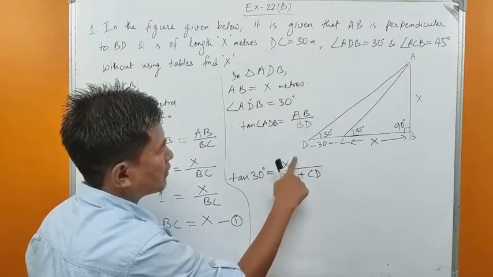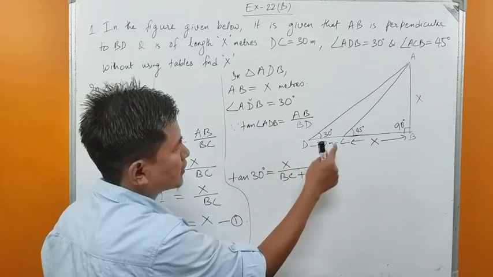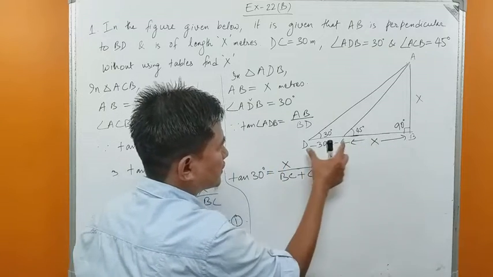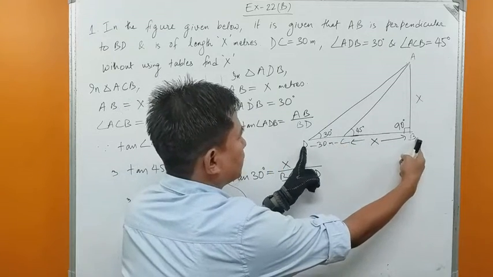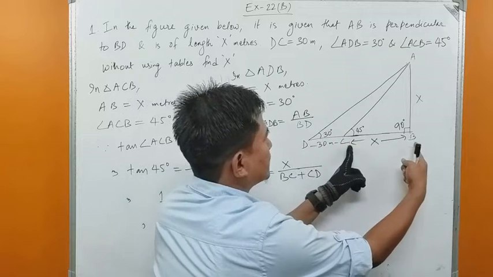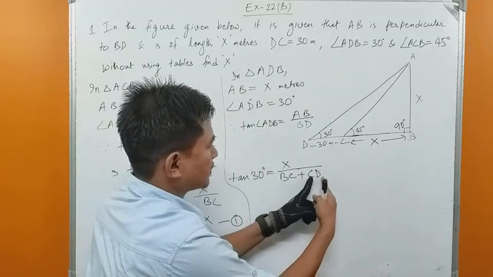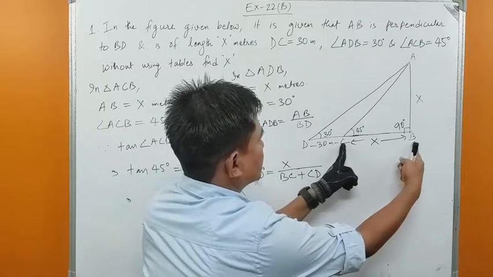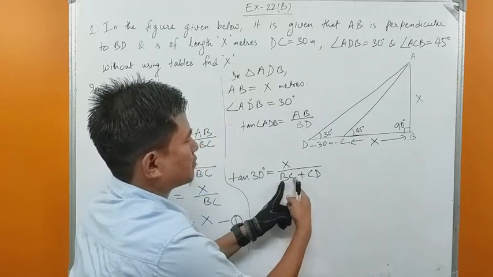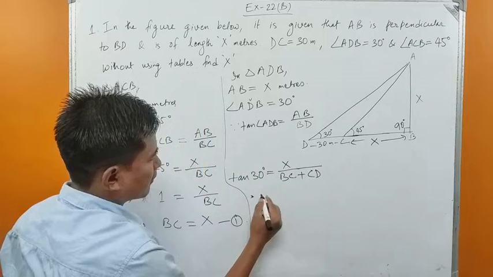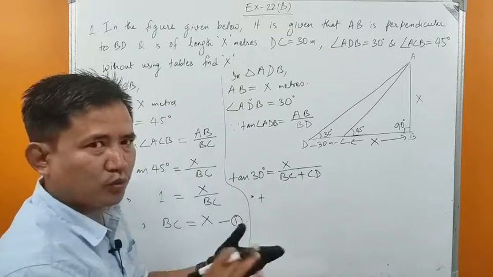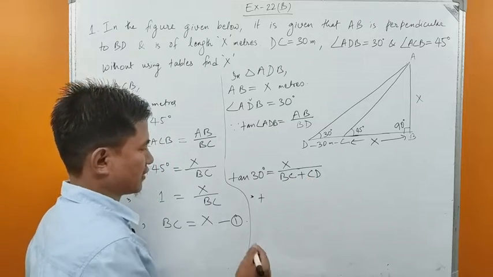Perpendicular is AB, AB is x, and BD is DC plus CB. Total BD means DC plus CB. DC is CD and BC is CB. Whichever way you write, both are correct.